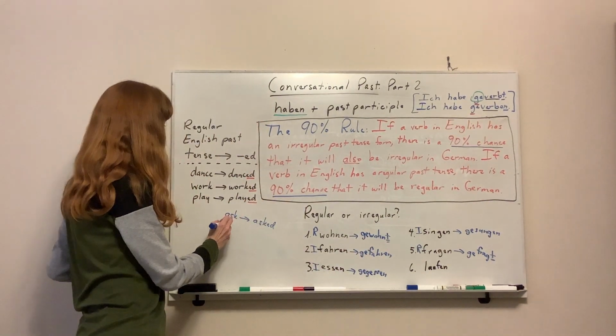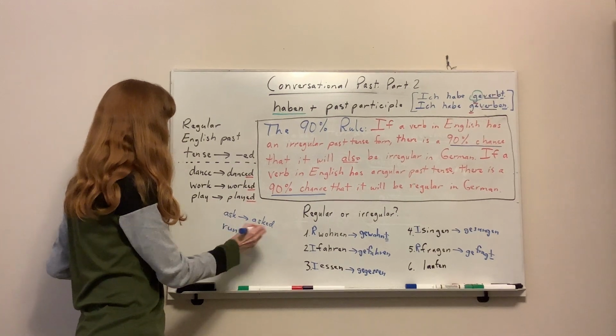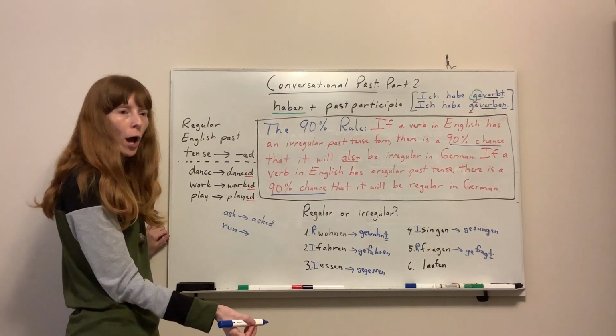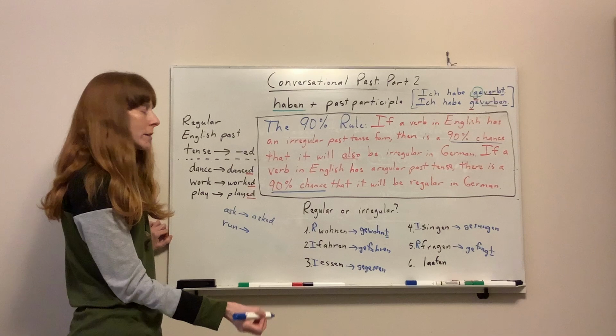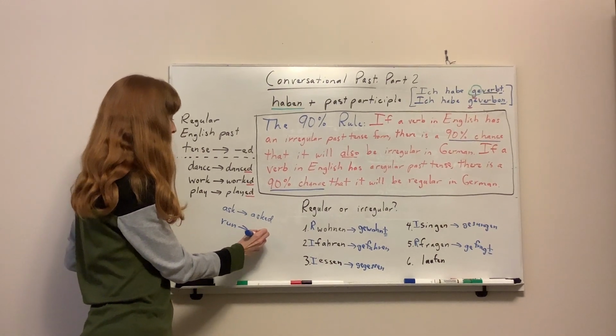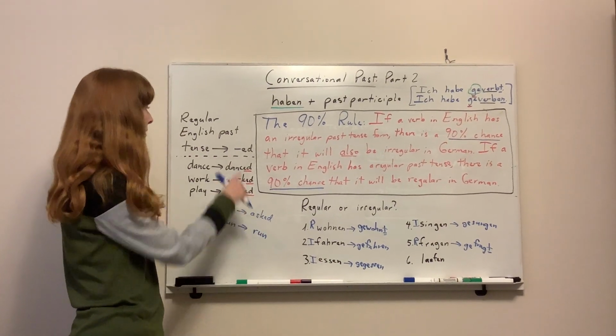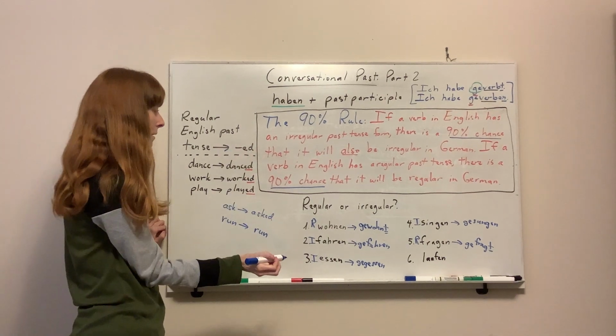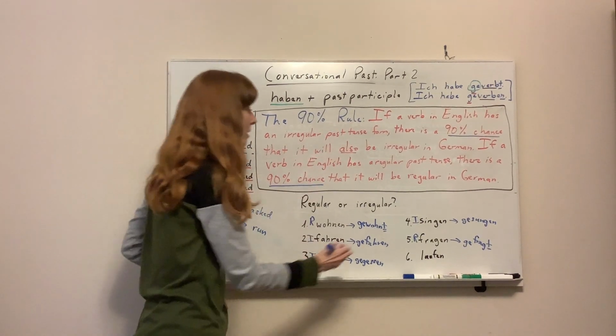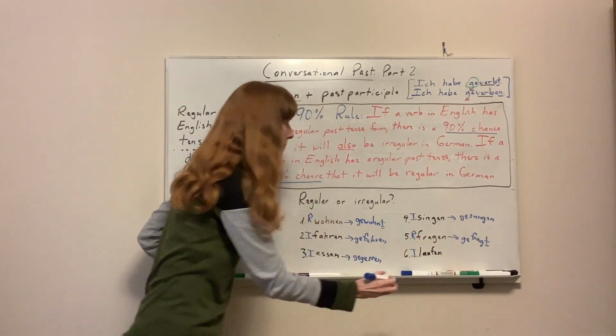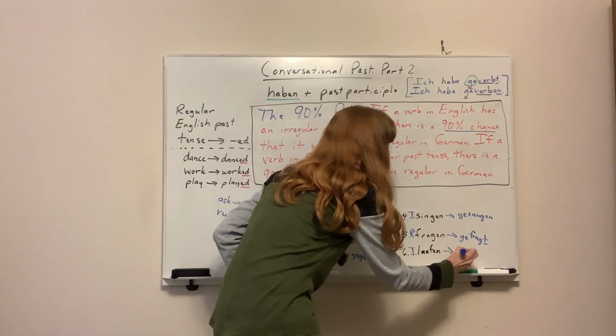Laufen, our last one, to run. In English, we would not say I runned or I have runned. I have run. So yeah, that's irregular. It does not add the ed. So in German, there's a 90% chance it will be irregular, which it is. And we get gelaufen.